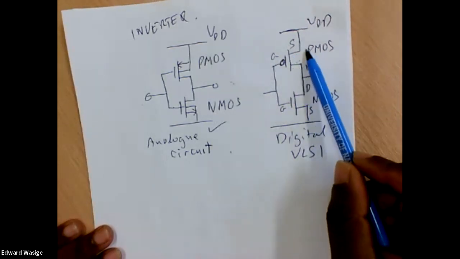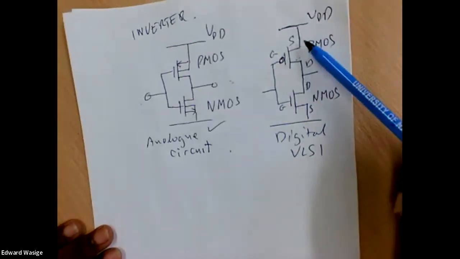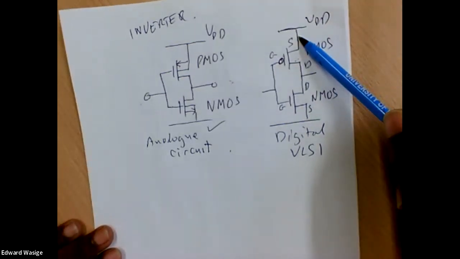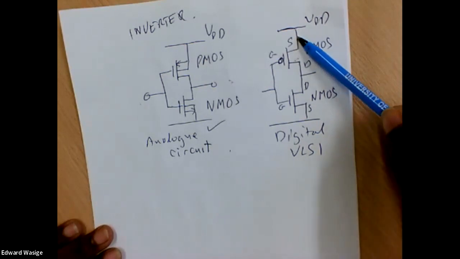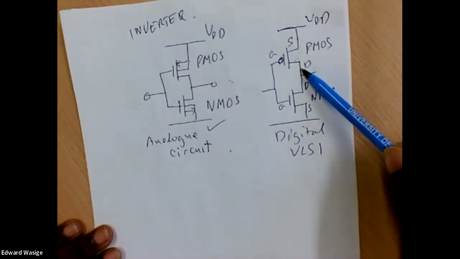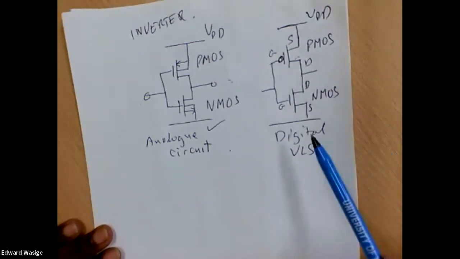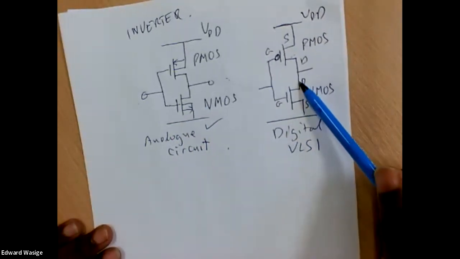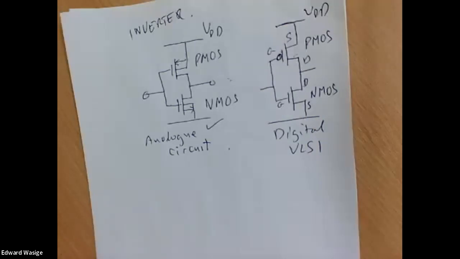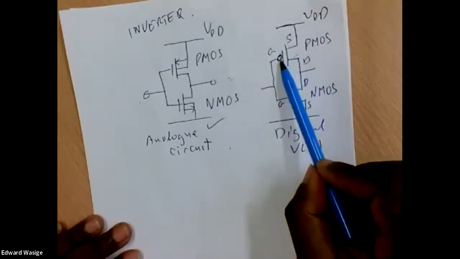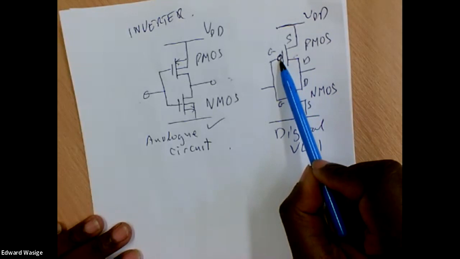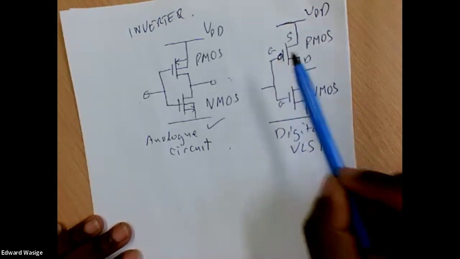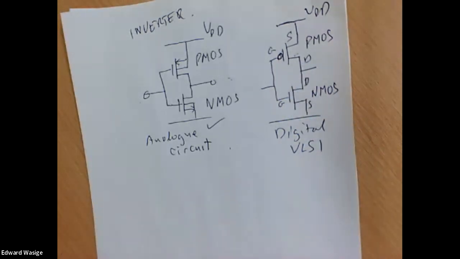But you should always know that because for a PMOS device, your source is actually the higher electrode and your drain is the lower electrode, while for the NMOS, the drain is the high electrode and the source is the low electrode. So you know that's a PMOS by the blob on the gate electrode.